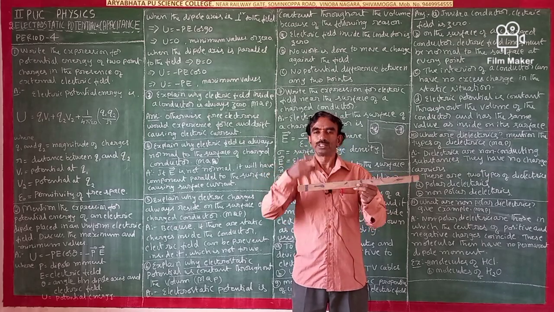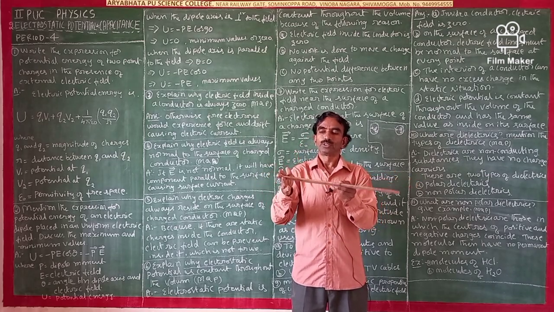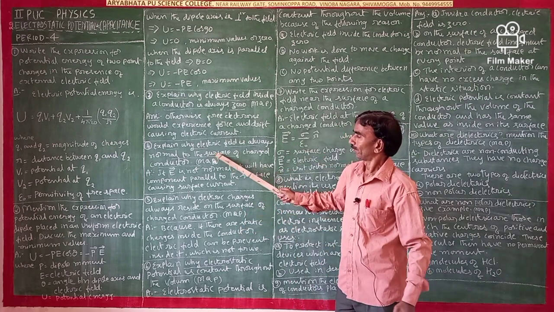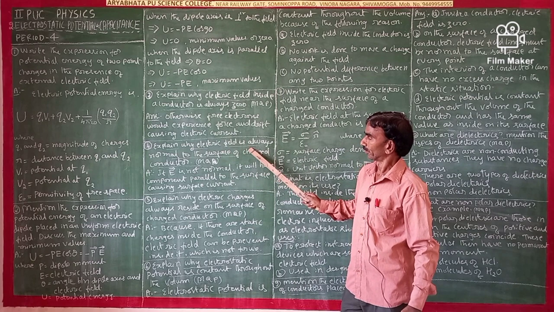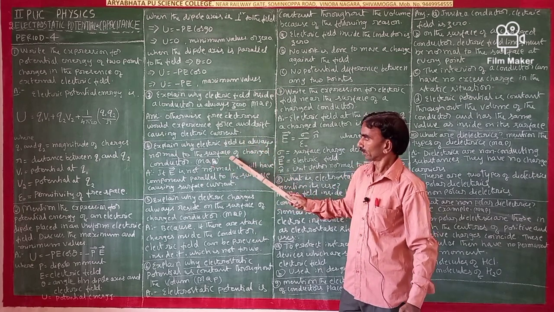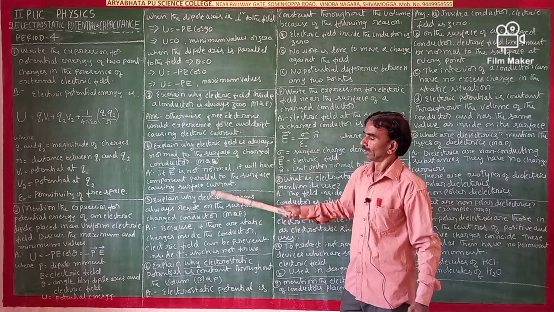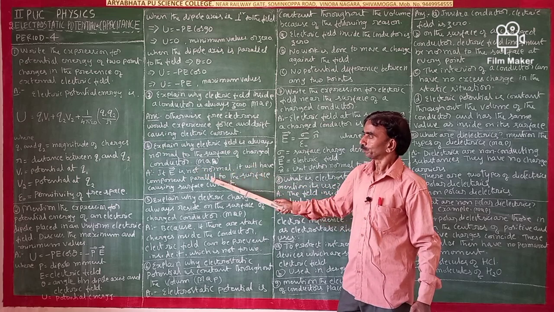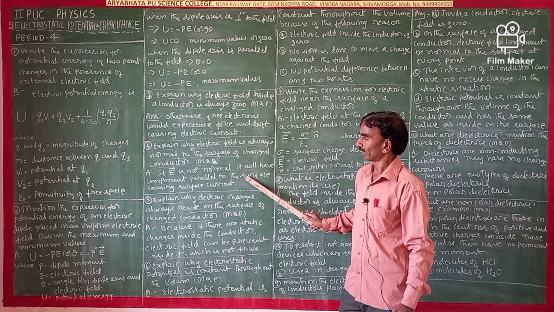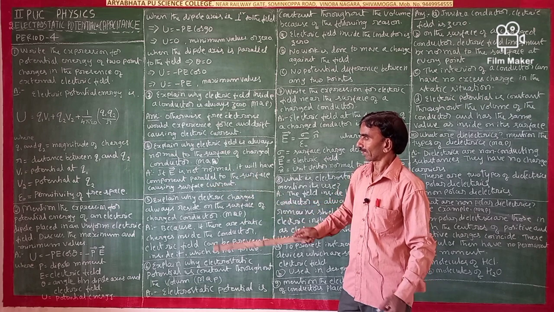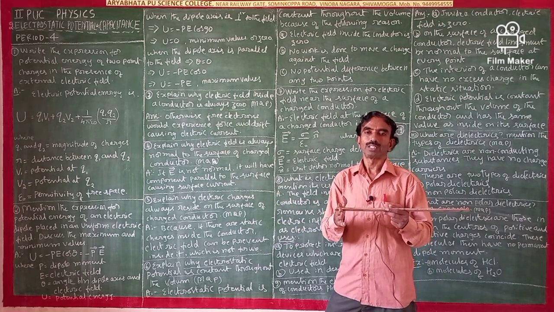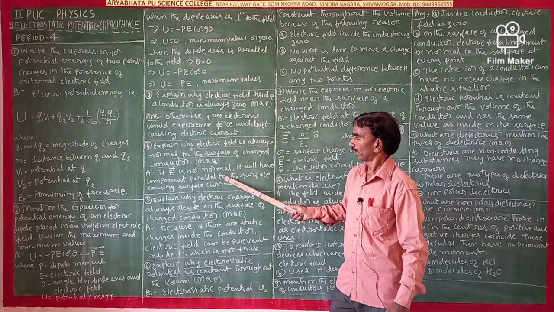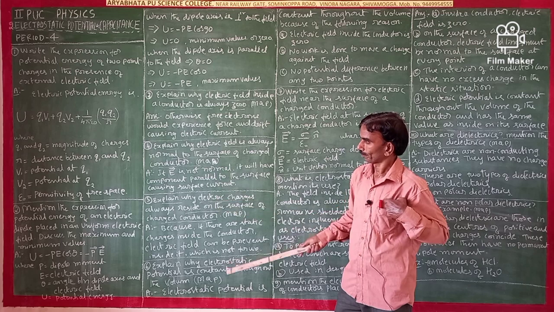This one and this one are at 90 degrees. That is, if E is not normal, it will have a component parallel to the surface, causing a surface current. So it is always normal.